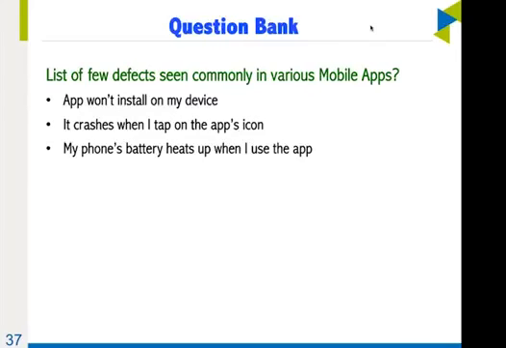The other thing which I have seen personally on my mobile device is that my phone's battery heats up when I use the app. This AccuWeather app has a feature where you can select different geolocations. You can download it on Android or iOS, and when you are traveling abroad and change your geolocation, for example, I'm in India, and if I change my location to the US or UK, you can literally see your phone heating up.